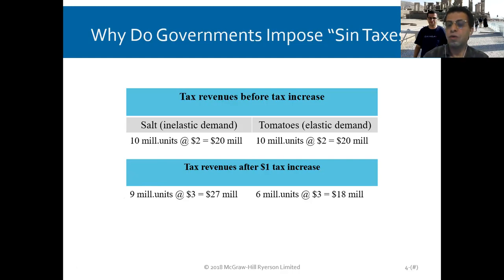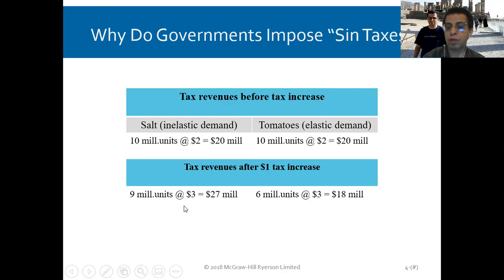The consumption is going to go down, but not much. You're going to lose only 1 unit, and you're increasing the price by $1. You multiply this, and you end up with 27 million compared to the 20 million. So here you made an extra 7 million by reducing one.